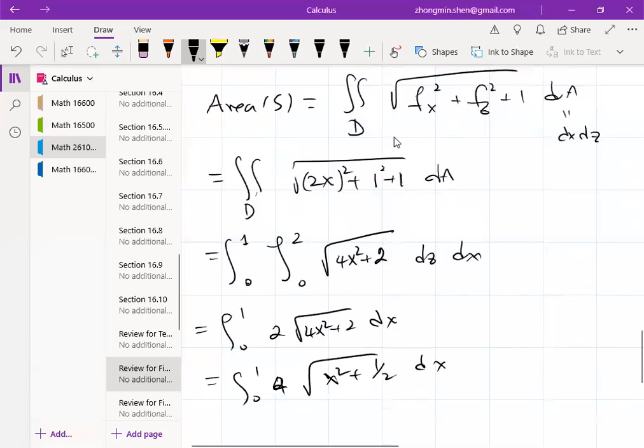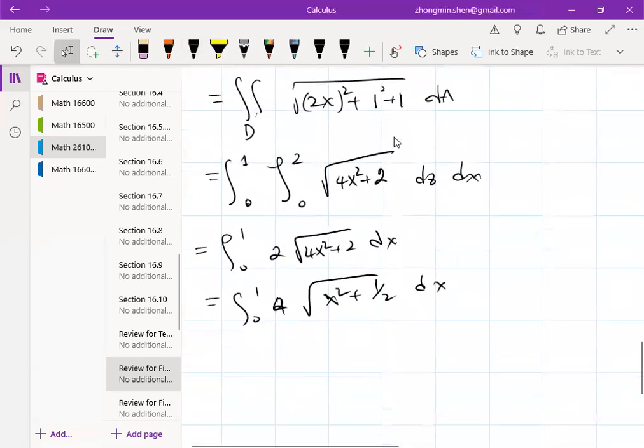So the standard substitution is going to be x equals square root of 1/2 times tangent theta. And then you can evaluate. Look at this, x squared plus 1/2 dx. Find the antiderivative of that.